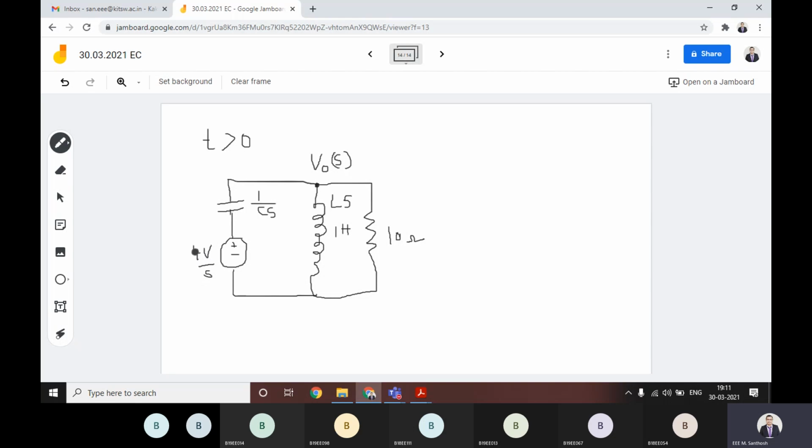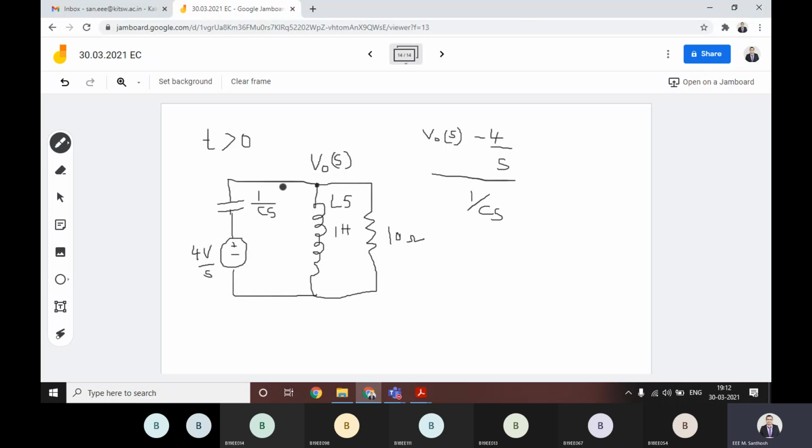But here you have 4. That means this equation will be like this: V naught of S minus 4 by s, by 1 by Cs.